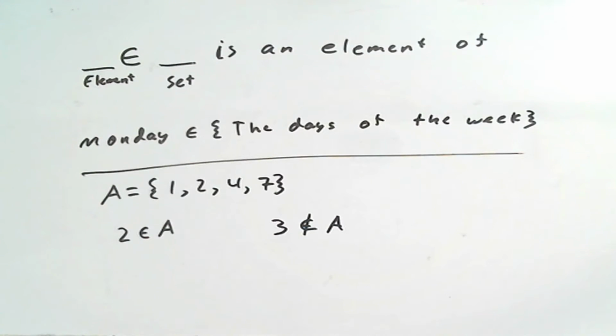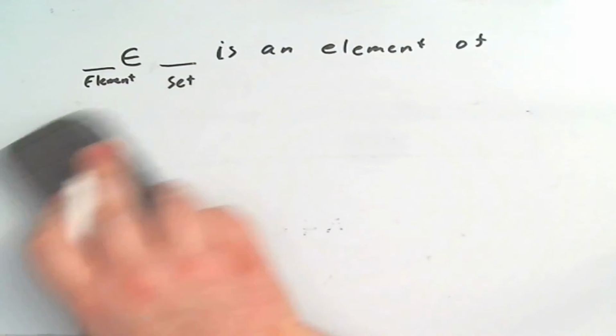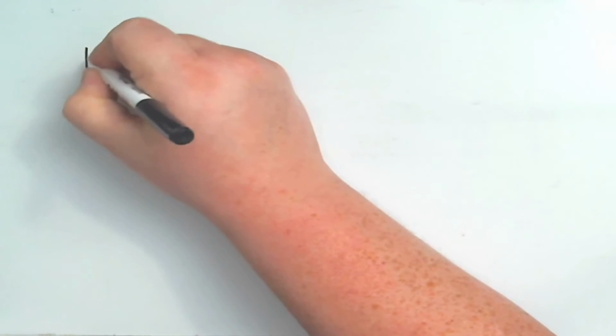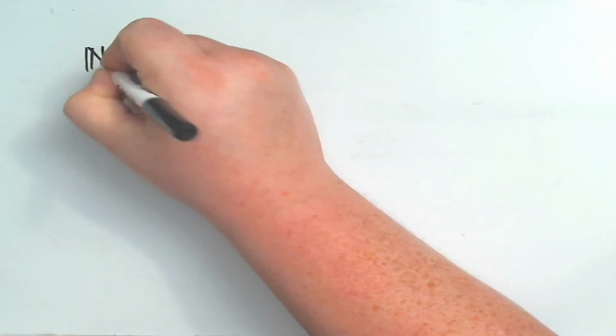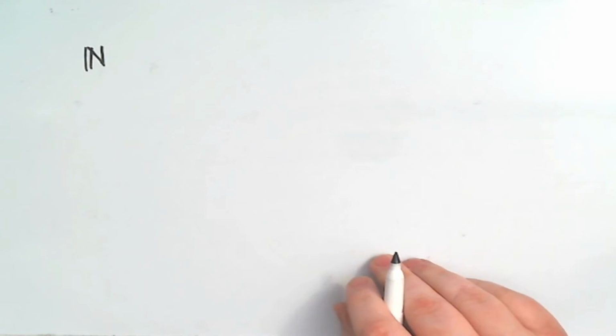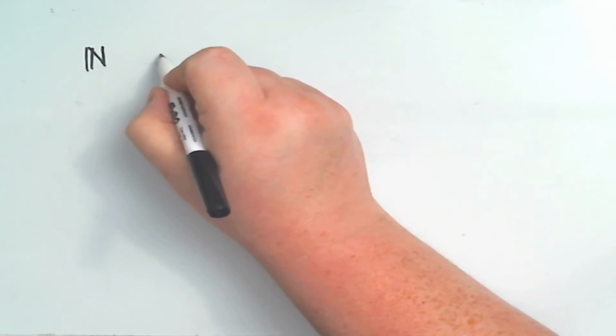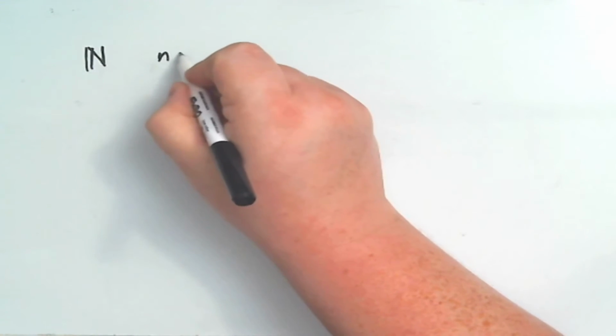Now there are some very common sets that we reference throughout all of mathematics, and they're usually written in this kind of funny bold notation. So we have this capital N. This denotes the set of natural numbers.